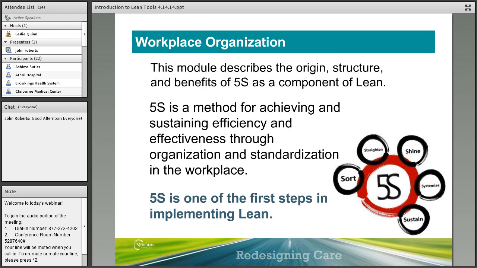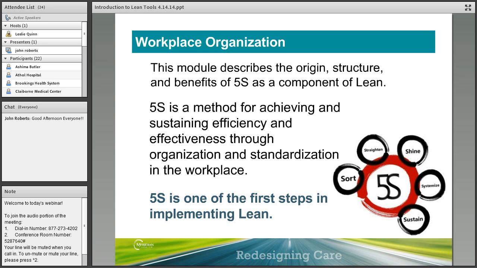So let's talk quickly about 5S. 5S is a worksite organization tool that we can use to really look at worksite organization and making sure that our particular workstations and worksite is the most organized it can be, so that we can begin to look at creating flow within our workspace and our organization and making sure that we're eliminating the waste by making sure that we're having the best flow possible, the best process possible, making sure we've got the right information and technology and equipment when we need it.